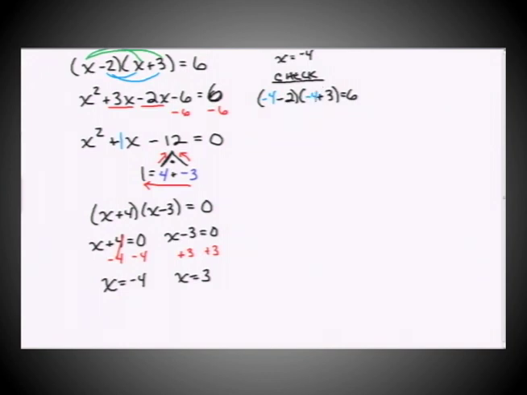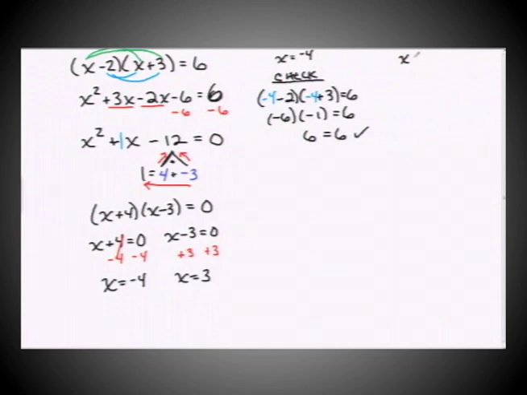Okay, so when I come back to do the math here, negative 4 and negative 2 combine to make negative 6. And negative 4 and 3 combine to make negative 1. And sure enough, when I multiply negative 6 and negative 1, I get positive 6 equaling positive 6. Meaning that negative 4 is actually a solution to our quadratic equation.